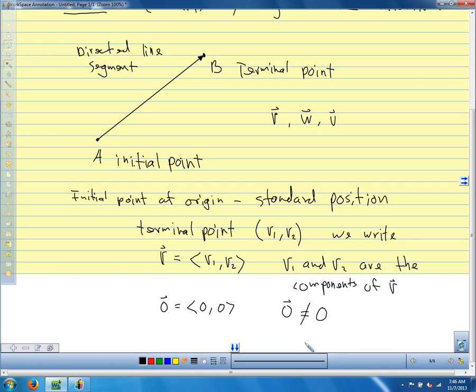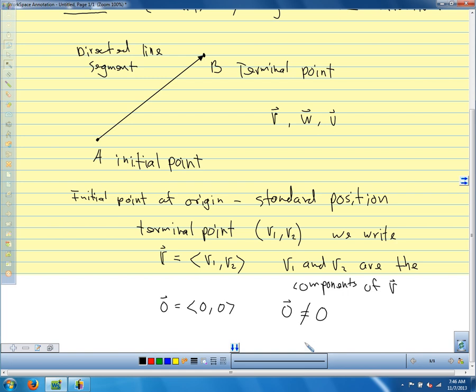Sometimes it's important to realize that you're talking about a zero vector, not a zero scalar. A zero scalar would be a zero magnitude. A zero vector has no magnitude and no direction. All right, so questions on our terminology. Shouldn't be anything really new here.